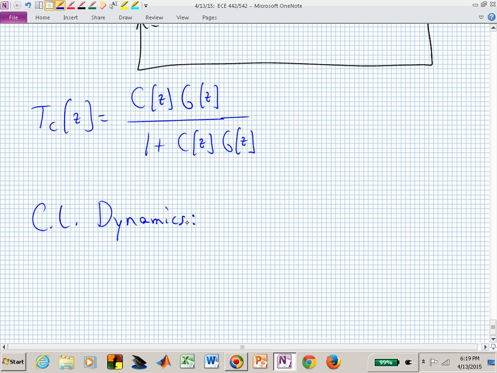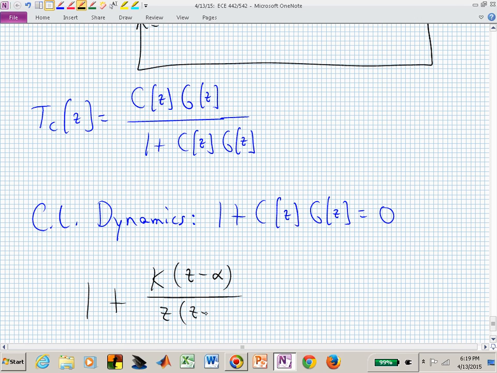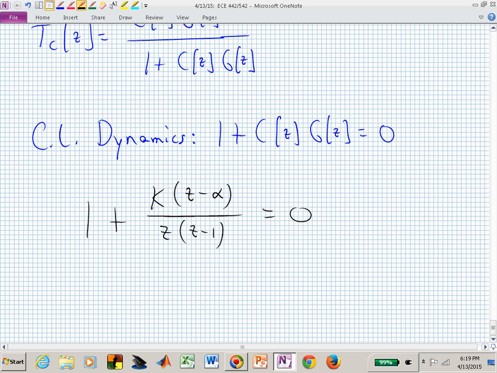Our closed loop dynamics are governed by the denominator of that closed loop transfer function. And now we can say we have 1 plus k (z minus alpha) over z times 1 over (z minus 1) equals 0.